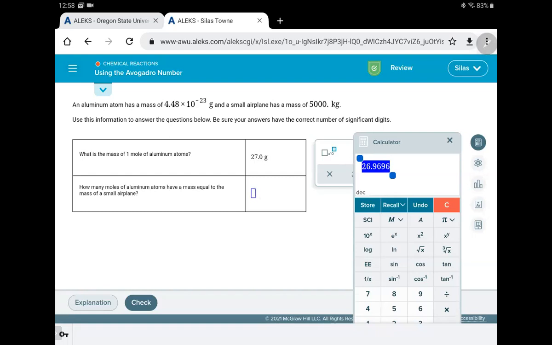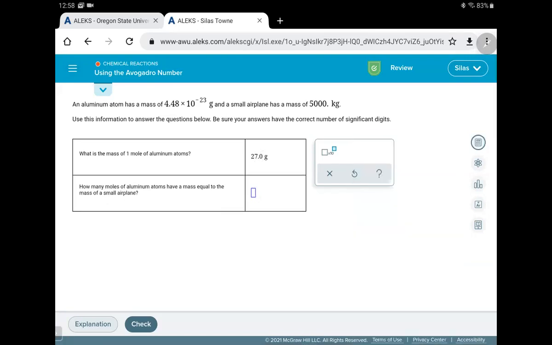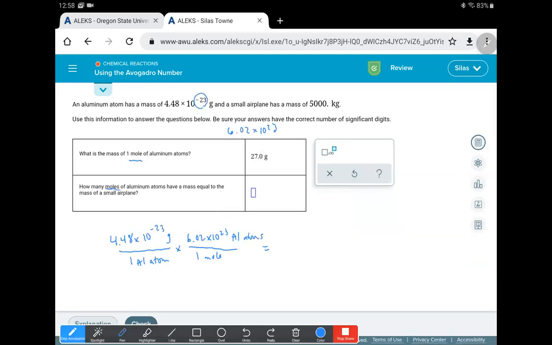Now, how many moles of aluminum have a mass equal to the mass of a small airplane? Notice the airplane is in kilograms. So first thing I'm going to do is 5,000 kilograms. There's 1 kilogram for every 1,000 grams, so that becomes 5 million grams of aluminum.